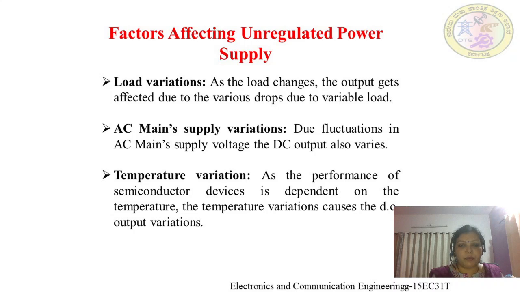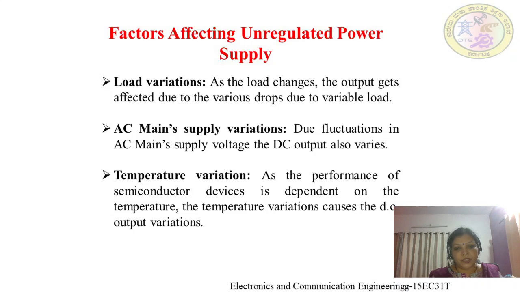One more problem is temperature variation. As the performance of semiconductor devices depends on temperature, temperature variations cause DC output variation. When semiconductor devices conduct, they liberate energy in the form of heat, which enhances the temperature of the overall circuitry.